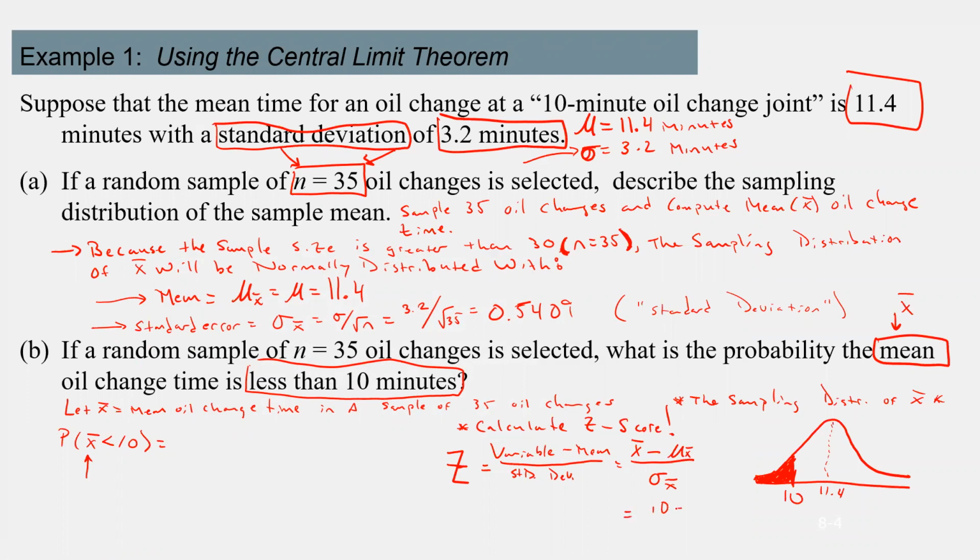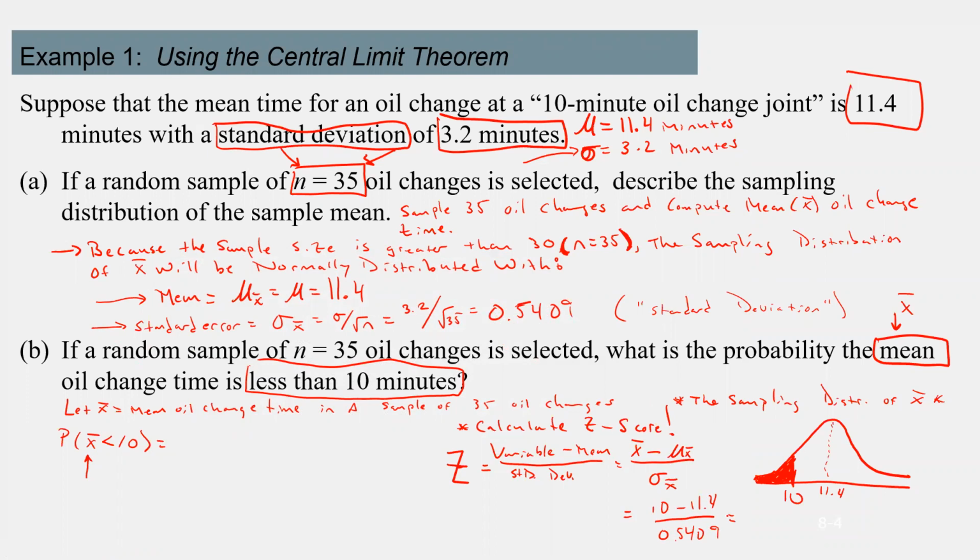So this is 10 minus 11.4 divided by, now this is one of the most common errors I see. This is the standard deviation of the distribution of X bar. So it's divided by 0.5409. So don't use the original standard deviation, okay?